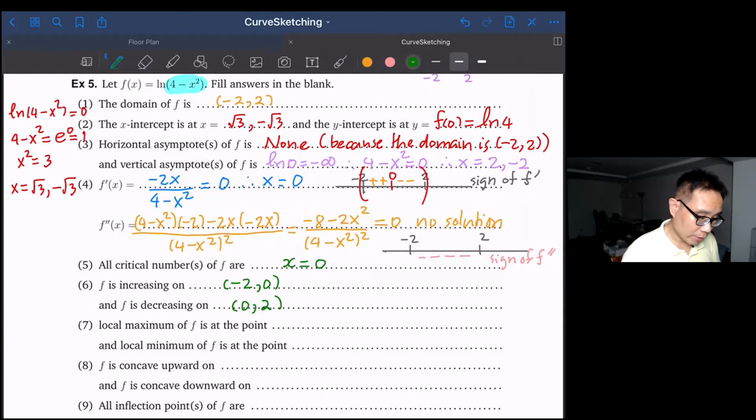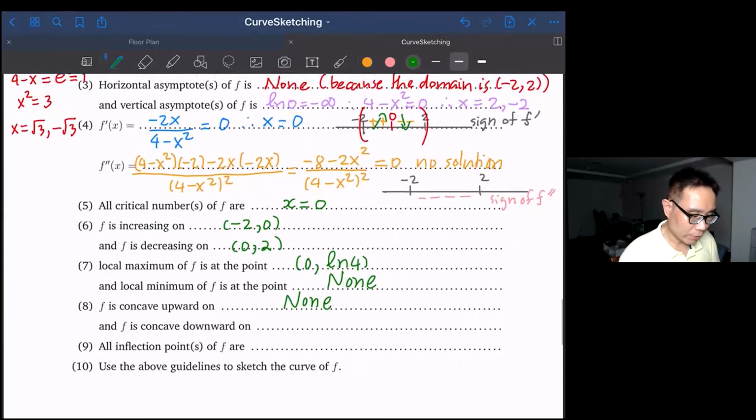Okay, so this one can be easily concluded. However, do we have a maximum? So we do actually. So you see that it's going to be increasing to decreasing. So this guy will be a maximum at 0, log 4. Okay, so it's going to be the point that we already have. And local minimum turned out to be none in this case. And concave up turned out to be none.